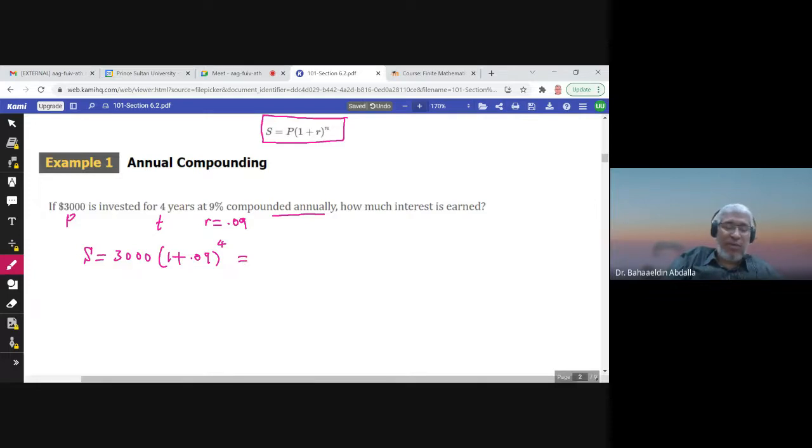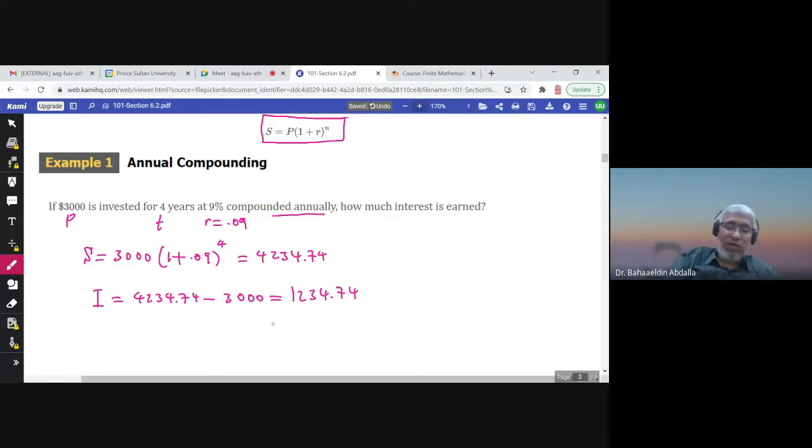And the future value would be 4,234.74. So the compound interest would be the future value minus the present value, and this would be 1,234.74, while the simple interest in 3 years is 1,080.